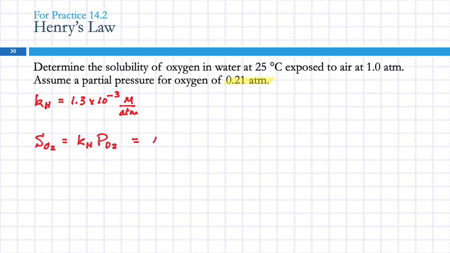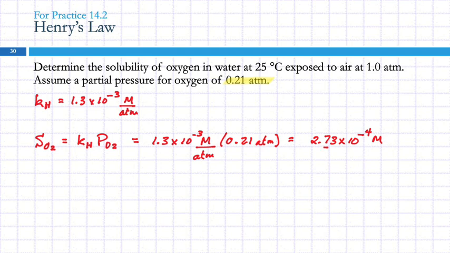So we're going to take the Henry's law constant, 1.3 times 10 to the minus 3, molarity per atmosphere, and multiply by 0.21 atmospheres. Get an answer of 2.73 times 10 to the minus fourth molar. And that would have 2 sig figs.